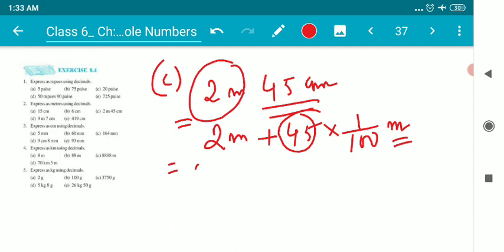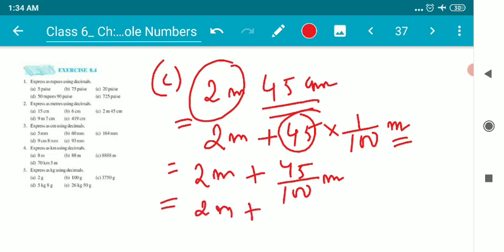So 2 meter will remain as it is, and 45 into 1 will become 45 by 100 meter. Now 2 meter plus 45 by 100, and 45 by 100 will be 0.45 meter.